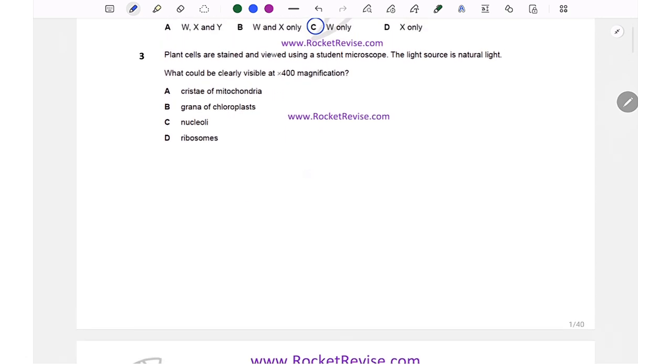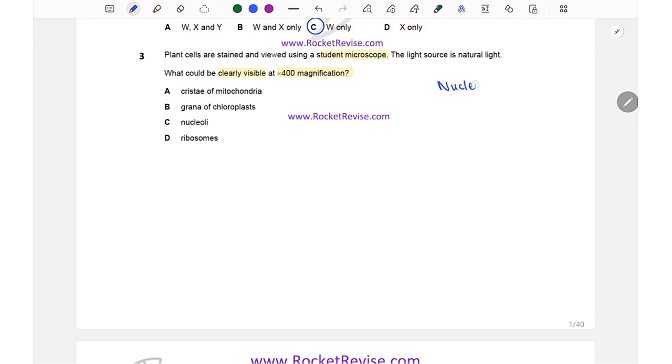Question number 3. Plant cells are stained and viewed using a student microscope. Remember, these things are important. It's a student microscope and the light source is a natural light. What could be clearly visible at only 400 magnification, times 400. So this order is important to remember.